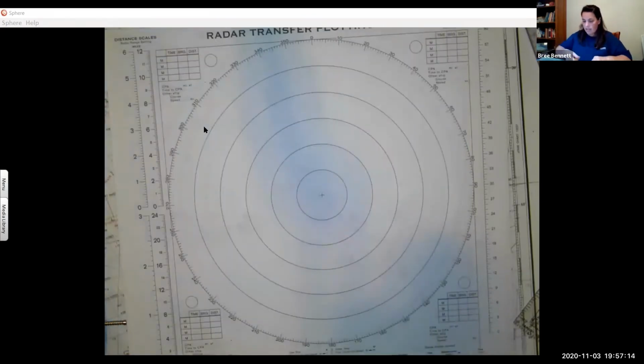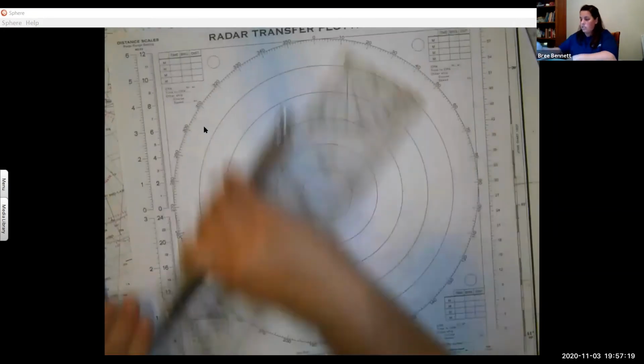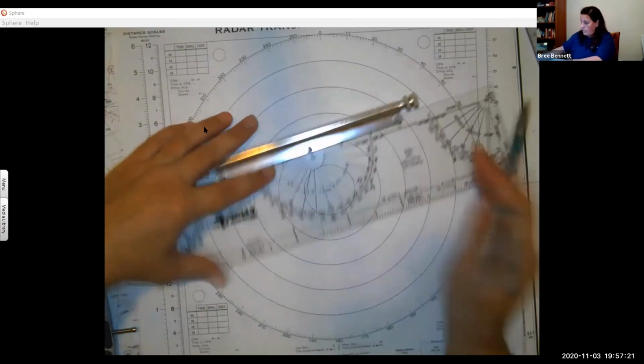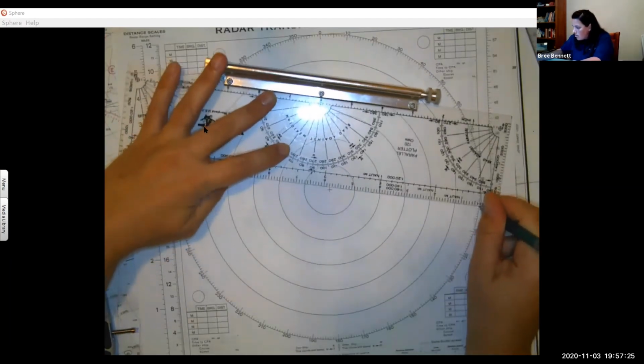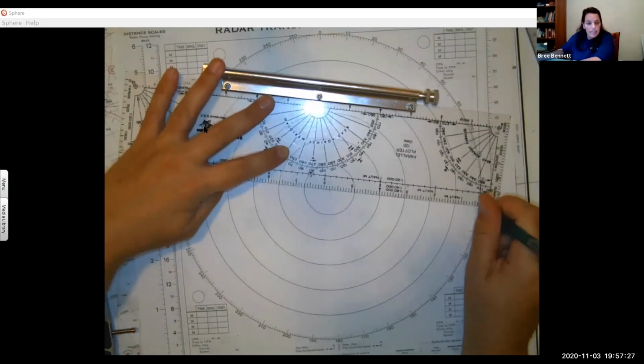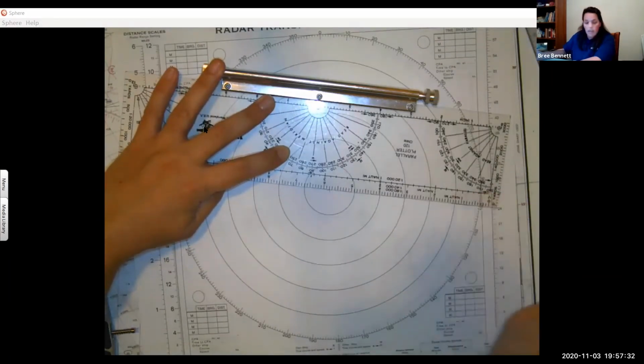So let's plot those. So we have 100 degrees at 10.8, so that's going to be somewhere over here.